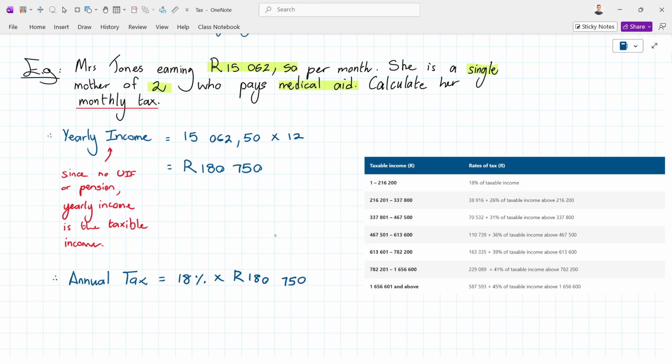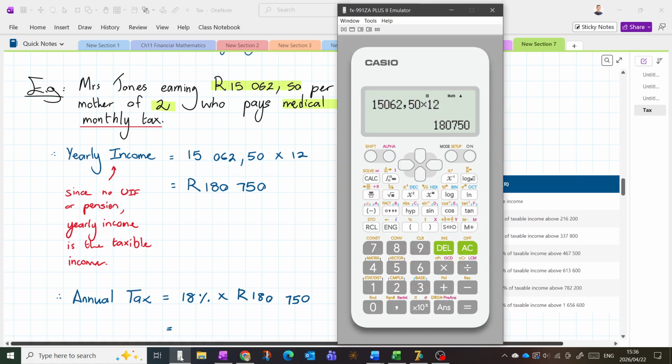180,750 Rand. Okay. Obviously, with regards to the percentage here, you can either use the percentage sign on the calculator, you can use 18 over 100, you can use 0.18. There's a multitude of things you can do.